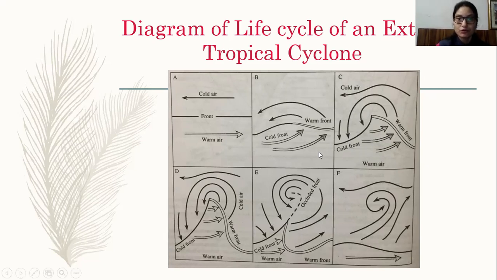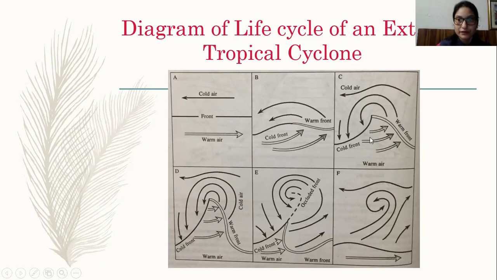Okay. Now over here we can see the fourth stage of the life cycle of the cyclone. In this fourth stage, the isobars are coming even closer, and the cold air is becoming completely dominant. There is shrinking of the warm air.